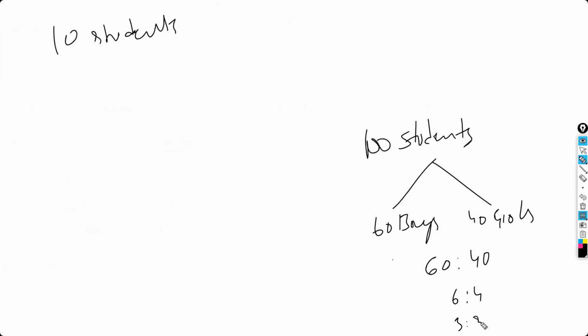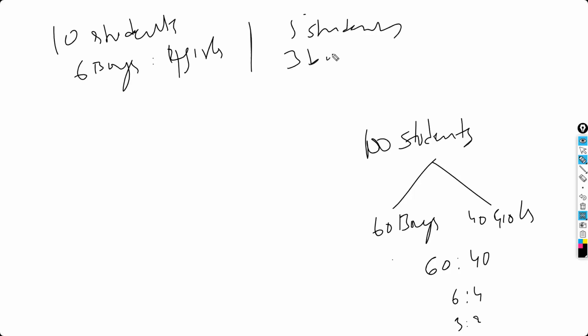In this random sampling also, I'm going to maintain the same ratio of 3 is to 2. That is, I'm going to select 6 boys and 4 girls. Or if I'm selecting only 5 students, I'm going to select 3 boys and 2 girls.